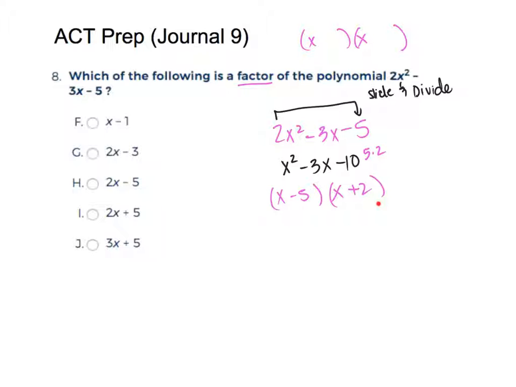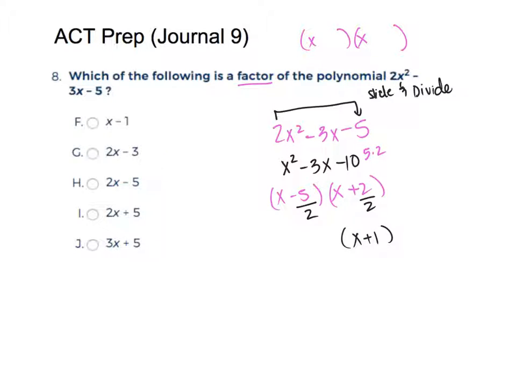So this works out. Here's the thing, these are not your factors. Because you multiplied by 2 in the beginning, to undo multiplication you have to divide. So we divide each term by 2. The second one is nice: 2 divided by 2 is just 1, so x plus 1.